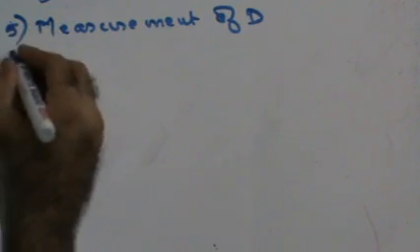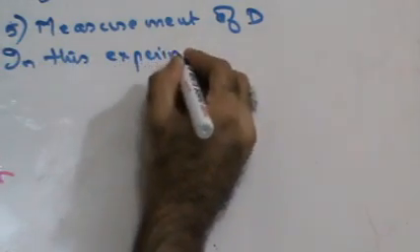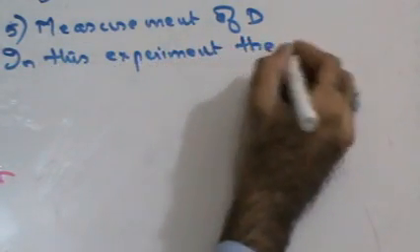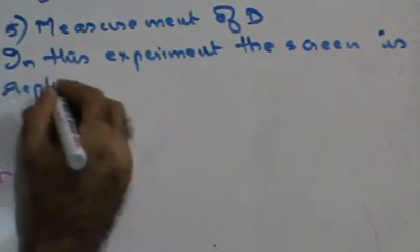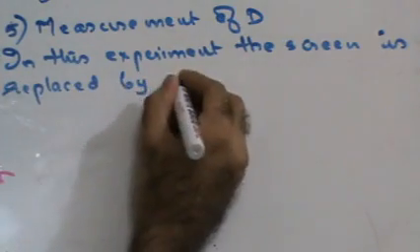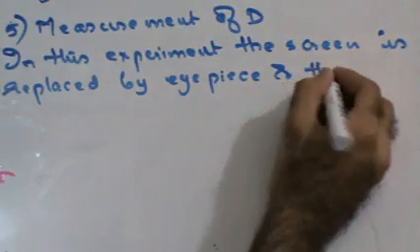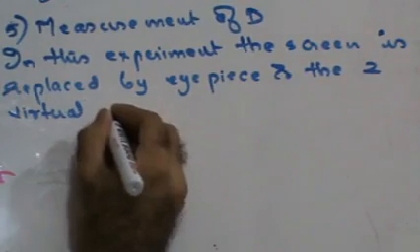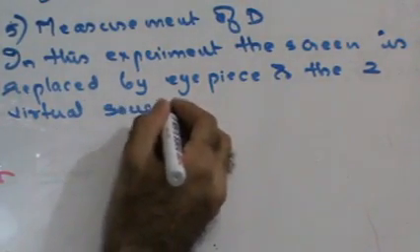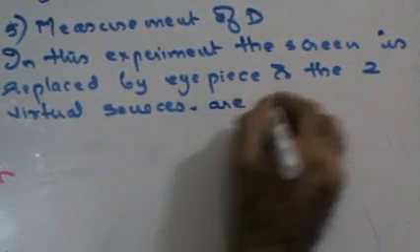I can say that in this experiment, the screen is replaced by the eyepiece, and the two virtual sources are formed in the plane of the slit.